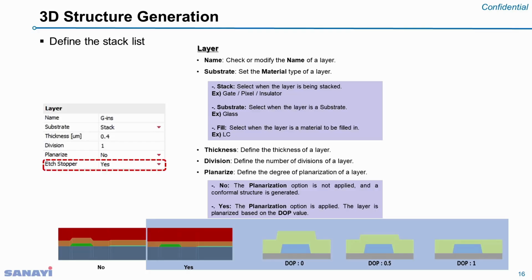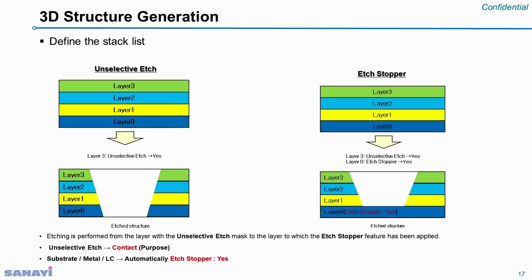This is because an etch stopper literally means to stop the etch process. Let's understand clearly by looking at examples. So, for layer 3, unselective etch is set to yes. Therefore, the etching process starts from layer 3, like this.